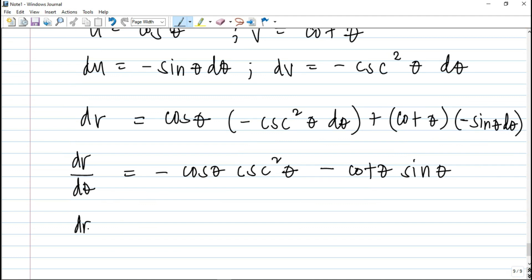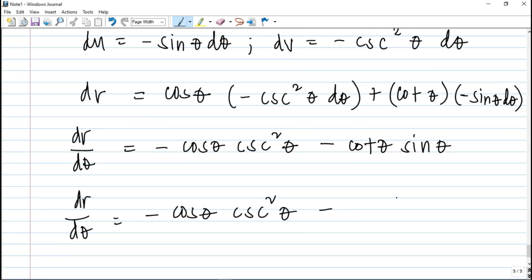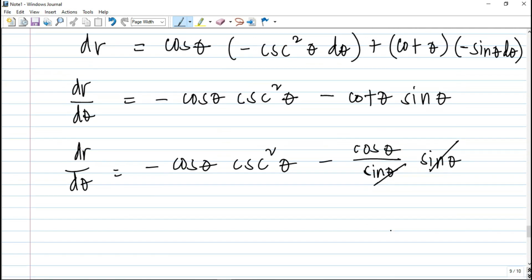Okay, so the derivative of r with respect to theta equals negative cosine theta cosecant squared theta, minus cotangent, which from your trigonometry is cosine theta all over sine theta, times sine theta here. Okay, so basically this will cancel. So what remains is cosine theta on this element of your equation. So the derivative of r with respect to theta equals negative cosine theta cosecant squared theta minus cosine theta.